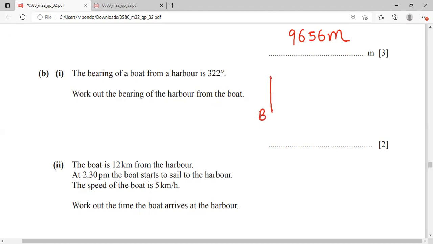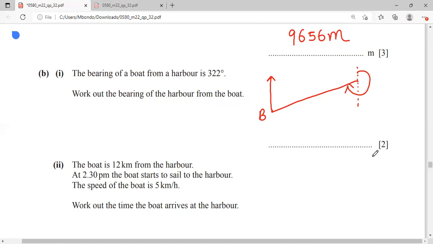The bearing of the boat from the harbor is 320. Yeah, that's what it's supposed to be.